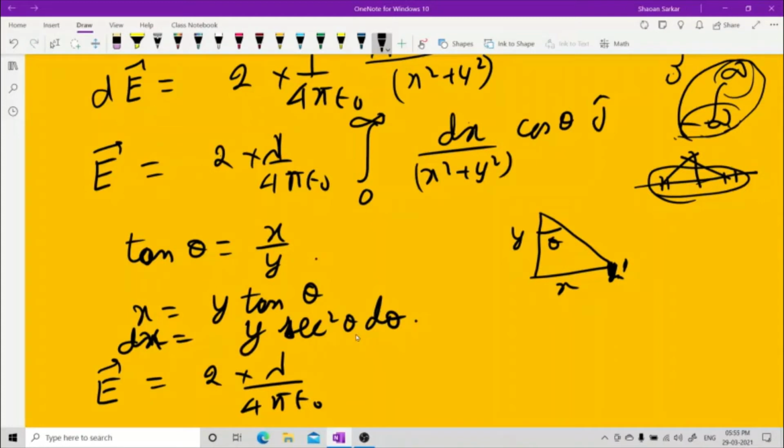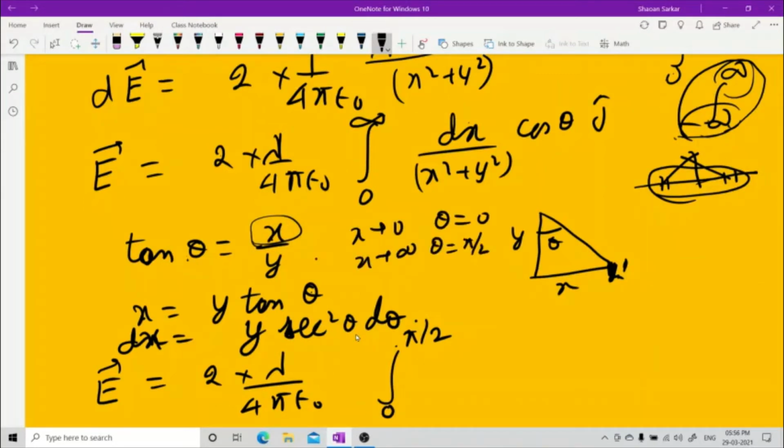At x equal to 0, theta is 0. At x equal to infinity, theta is pi by 2, because tan pi by 2 is infinity.